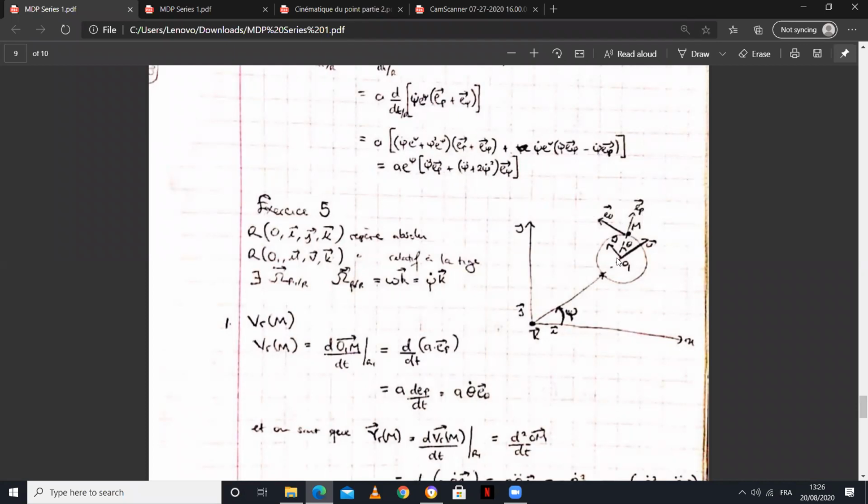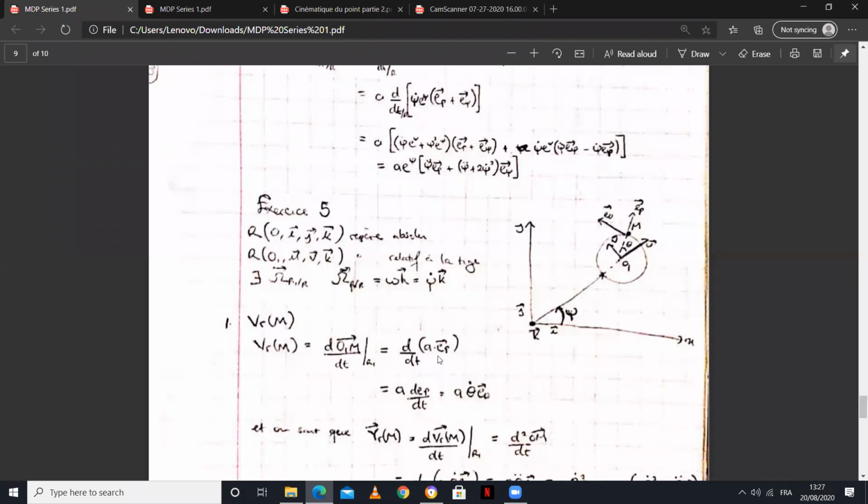Even when we are in the repère relative, it's still going to be mobile. Because in exercise 4, if you guys remember very well, we said when we are deriving e rho, phi dans le repère relative, they are going to be fixed. But in this question, they are not fixed, okay? Because our repère relative is different from these guys there. These guys are out of the repère relative. So that means even from the perspective or the view of the repère relative, e rho and e theta are moving, they are mobile, like that.